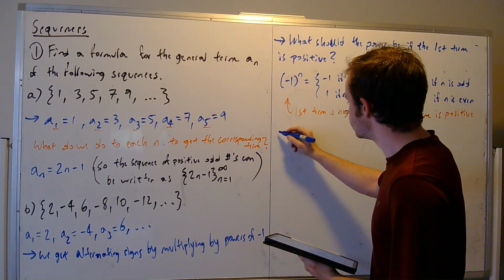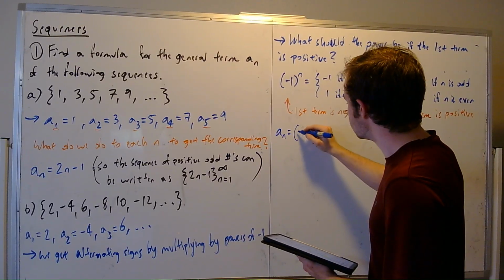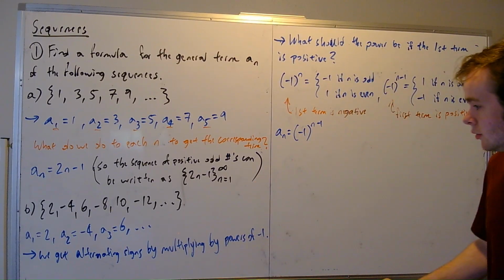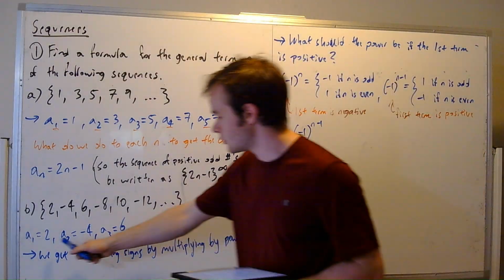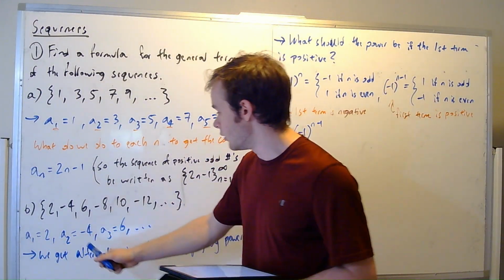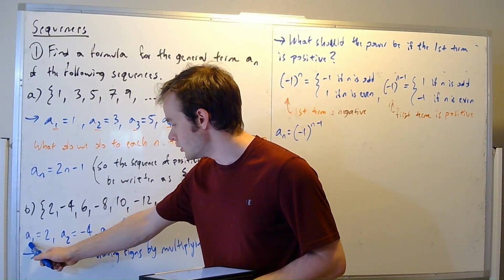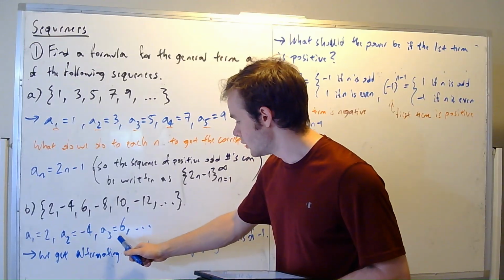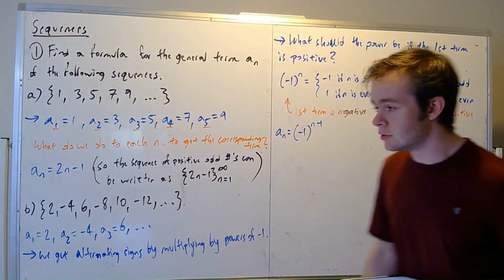So a_n equals negative 1 to the n minus 1. So that's our alternating part. And then we need to look at what's happening to the actual numbers themselves, right? This is n equals 1, it's getting doubled. This is n equals 2, it's getting doubled. This is n equals 3, it's getting doubled, right?